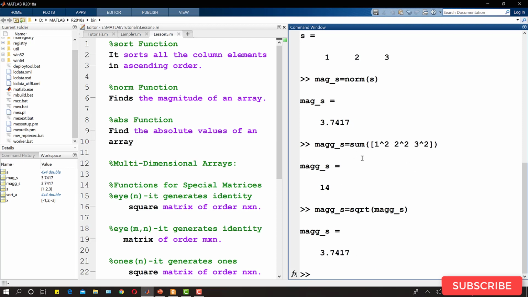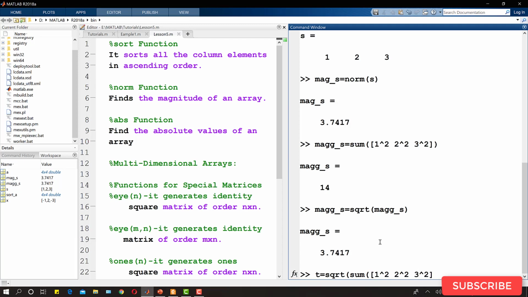We can do these two steps in one line as well. Let's suppose this time I write T for the magnitude, and I want to store the magnitude in T. So how to do it in one line? I will write square root, then sum, then 1 square, 2 square and 3 square.